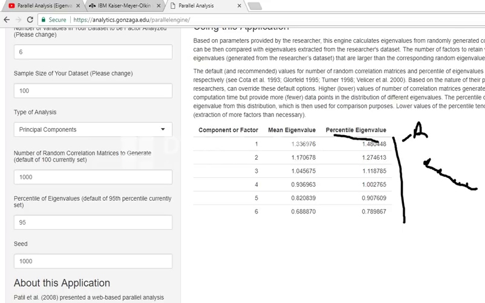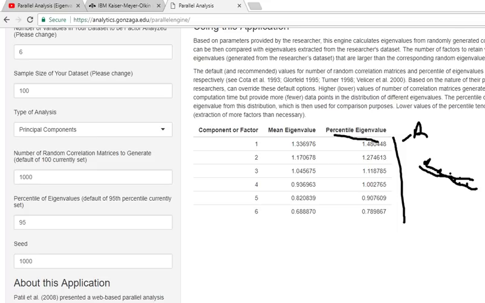As long as the eigenvalues from the random data are below the eigenvalues from my actual data, I'm going to retain the components from my solution. But at the point at which the randomly generated eigenvalues exceed those generated from the data, I'm going to cut those other components out.